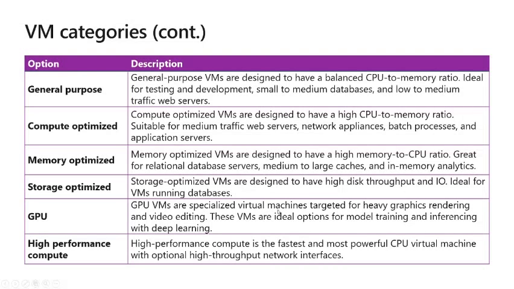GPU VMs are specially designed for heavy graphics rendering and video editing. These VMs are ideal for model training and inferencing with deep learning, which is AI and machine learning. High performance compute is the most powerful CPU virtual machine with high throughput network interfaces.